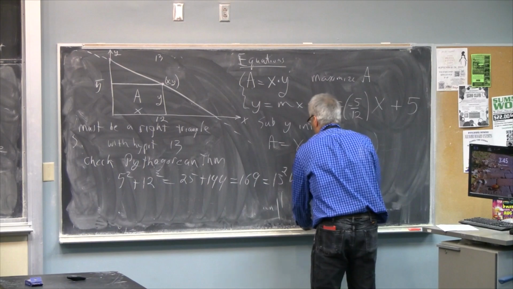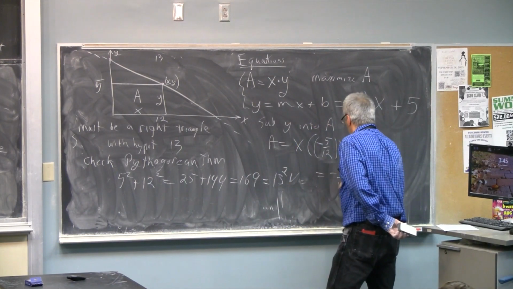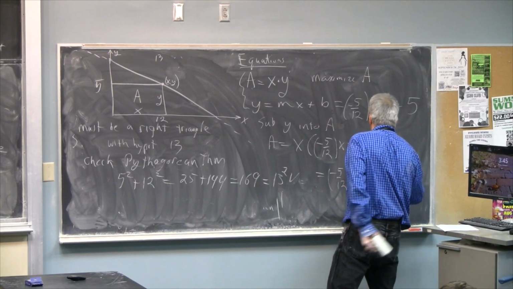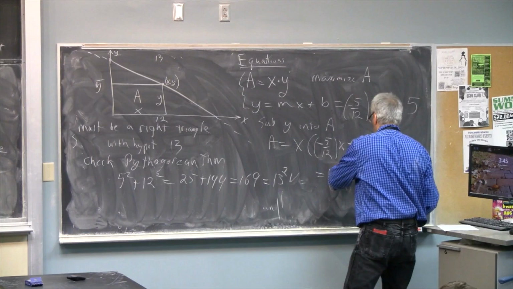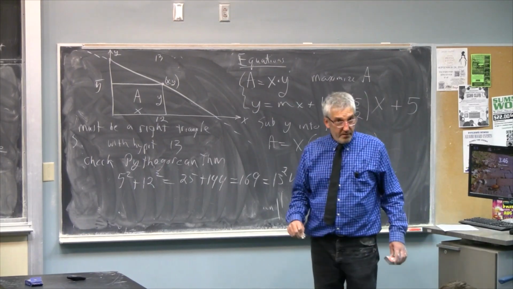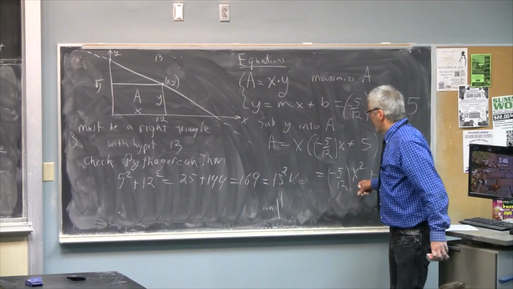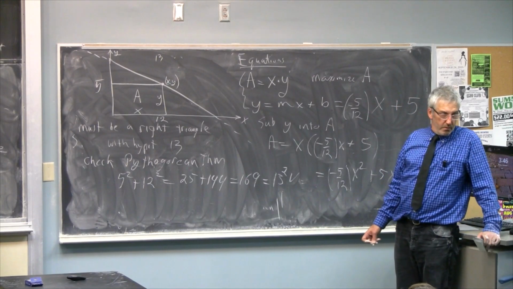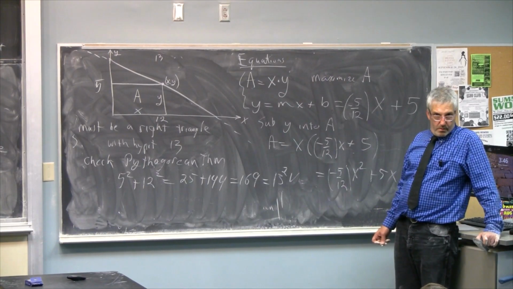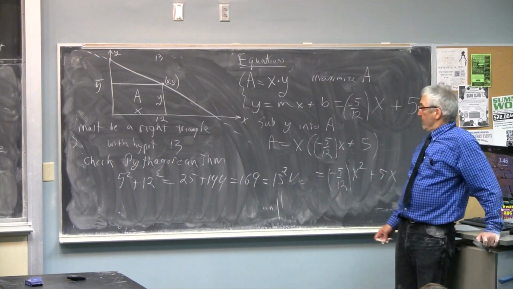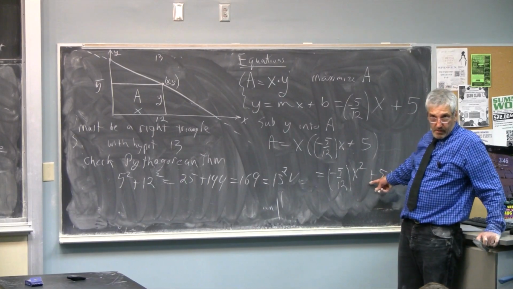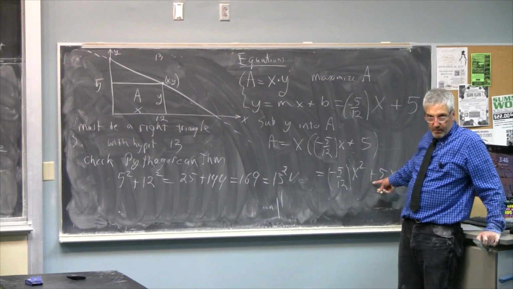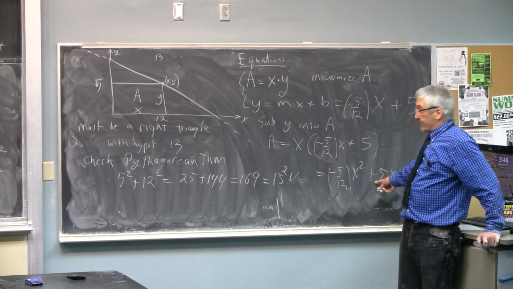And so that's minus 5/12 x squared plus 5x. Okay. Now, what's the domain of this function? That's, what are the values of x that we're allowed to use? As an abstract function, what's the shape of this graph? y equals minus 5/12 x squared plus 5x.